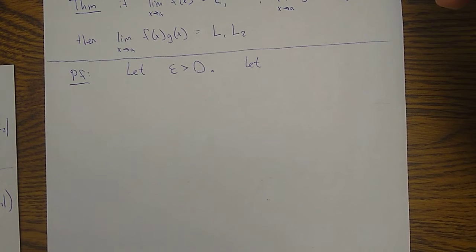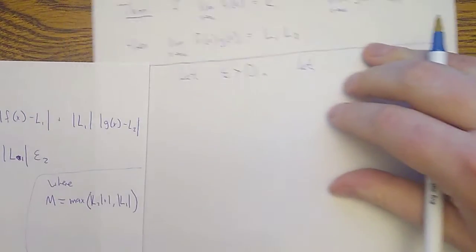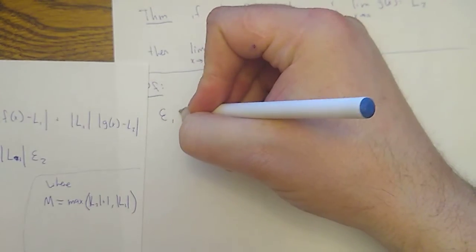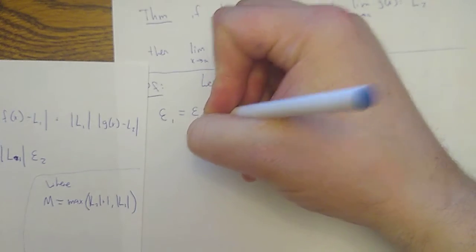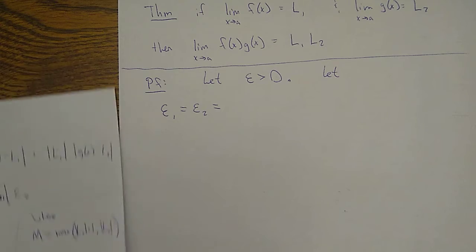Now let's talk about epsilon 1 and epsilon 2. Let epsilon 1 and epsilon 2 be the following.